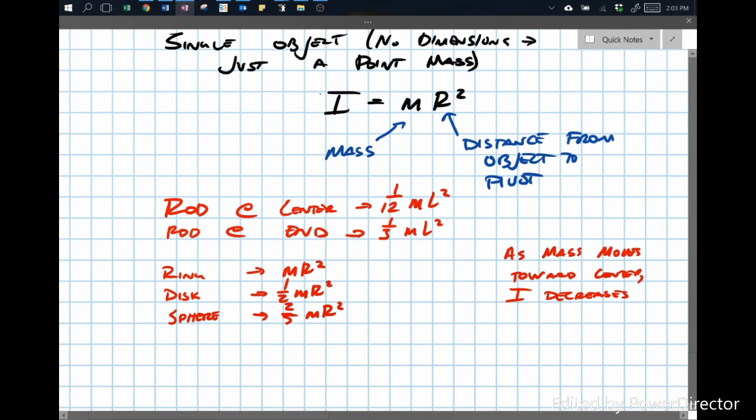So it's the total mass about the pivot. And the super important thing here is h. It's the distance from the pivot to the center of mass.